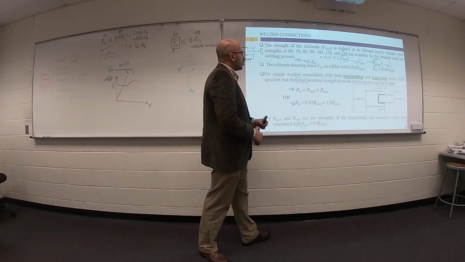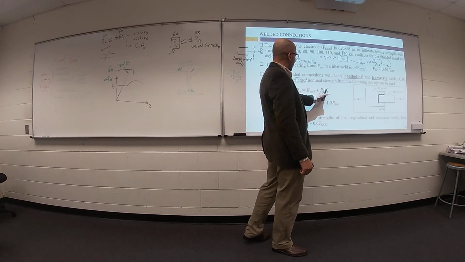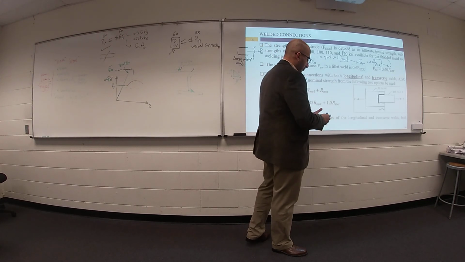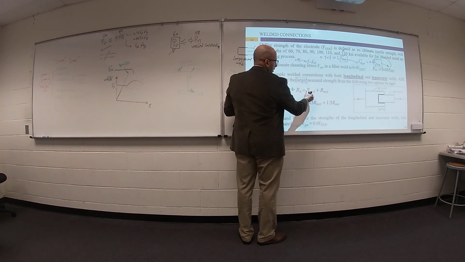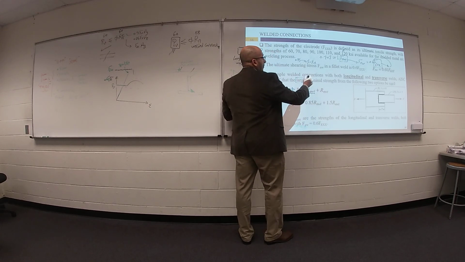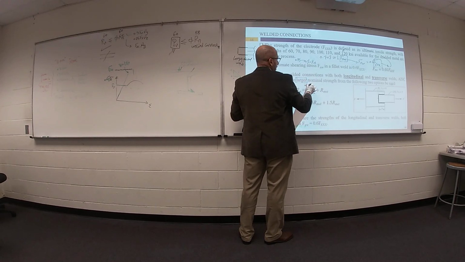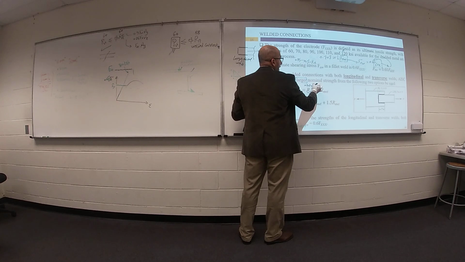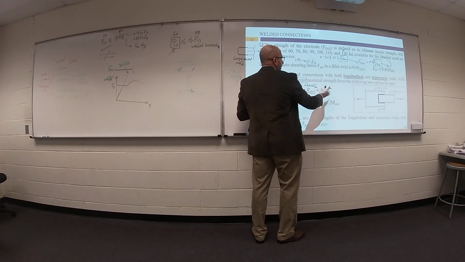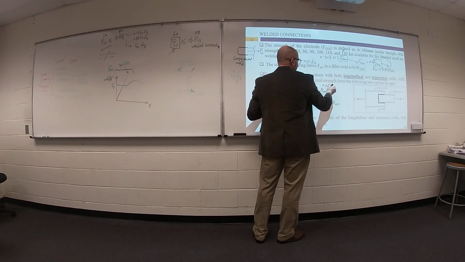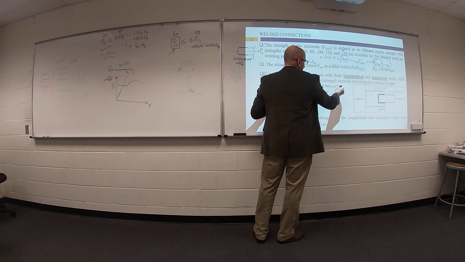I'm sorry, what do you mean by Rn equals this value plus this value or this value plus this value? This one is the same value, 0.707 WL FNW. This one will be 0.707 WL FNW.